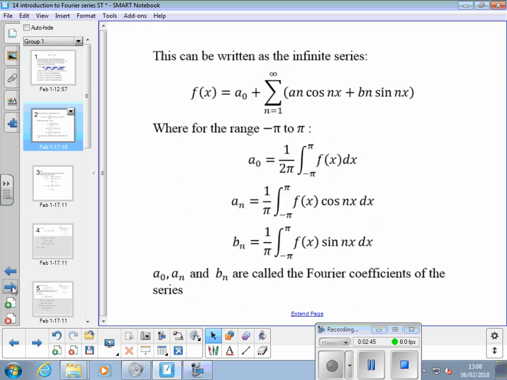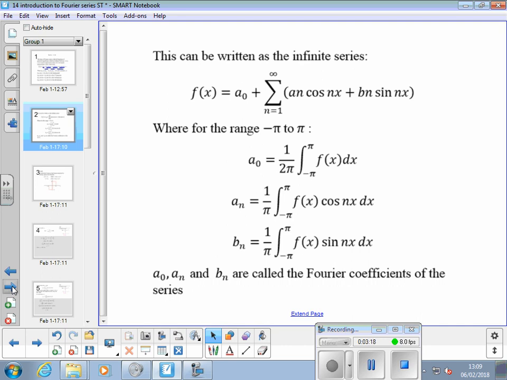So, in terms of integration, that whole series can be written as an infinite series. We've got the A0, the DC component, always up front, and then we add the sum of these functions between n equals 1 and n equals infinity.